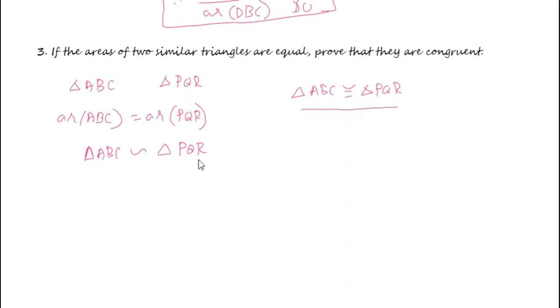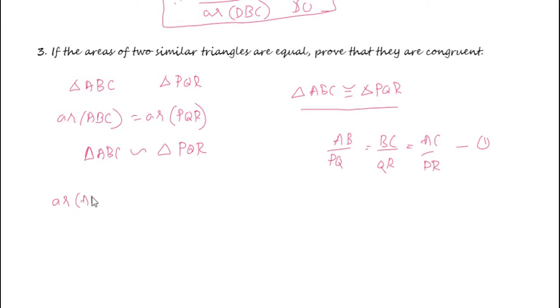Since two triangles are similar, we have AB by PQ equal to BC by QR equal to AC by PR. This is 1. Now from the second one, that is the areas are equal. So let us take the ratio of the areas.